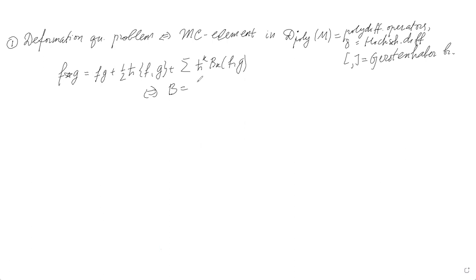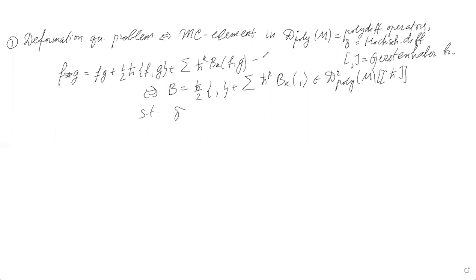Yeah, h bar, A by 2 plus some h^k times P_k in D_poly^2 of M augmented by adding the formal variable h bar, which verifies the Maurer-Cartan equation.